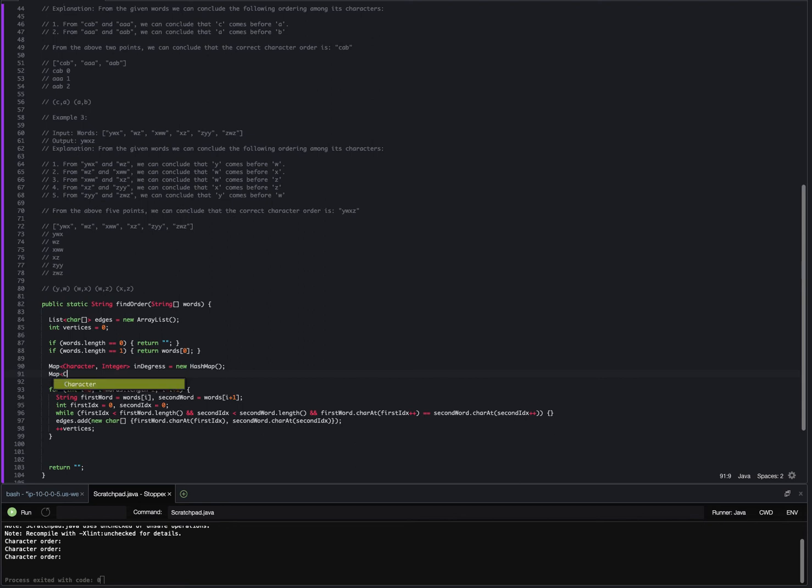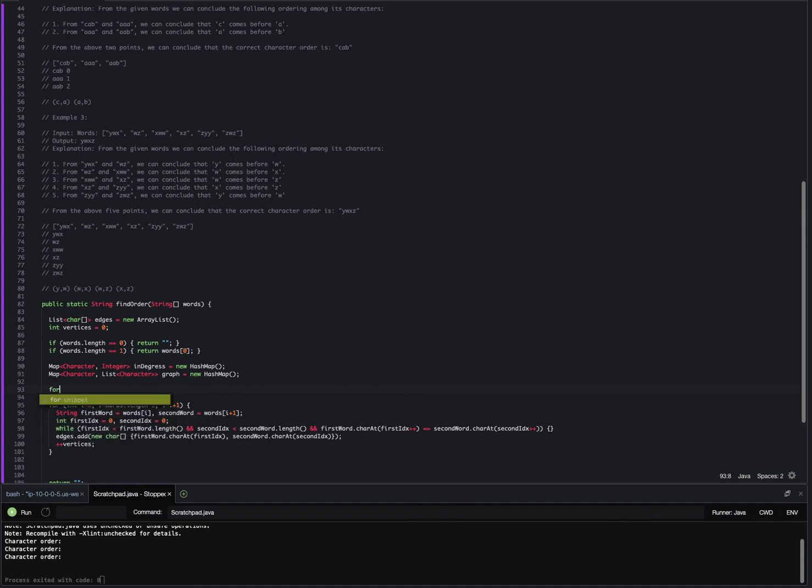And let's initialize the adjacency of the graph itself, which we would represent using adjacency lists. So that's our in-degree and graph maps. Now let's fill that up with the nodes.